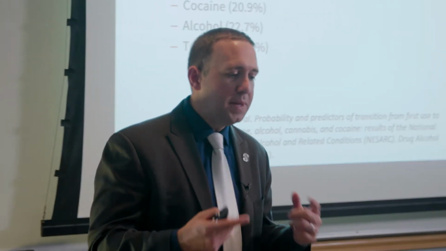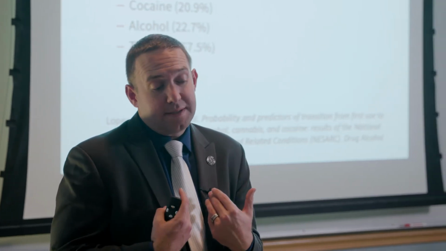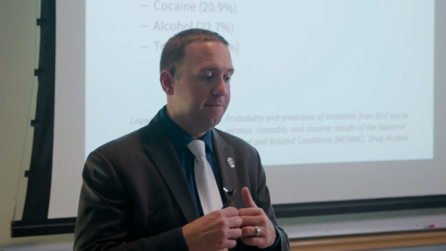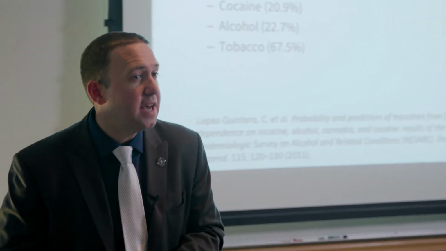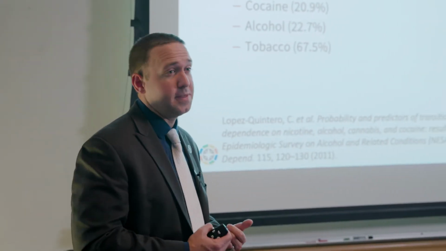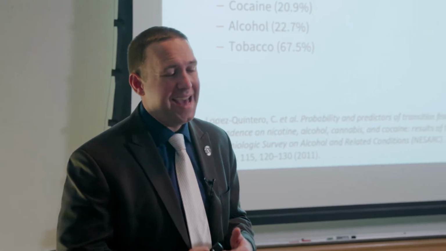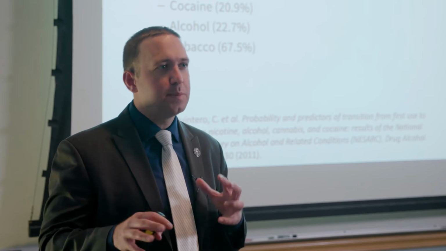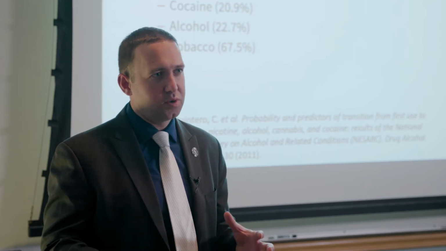So the best clinical tool I would suggest in evaluating somebody's genetic vulnerability for a substance use disorder is asking about their family history. And it's thought that genetics explain about 50% of the variance we see in alcohol use disorder.